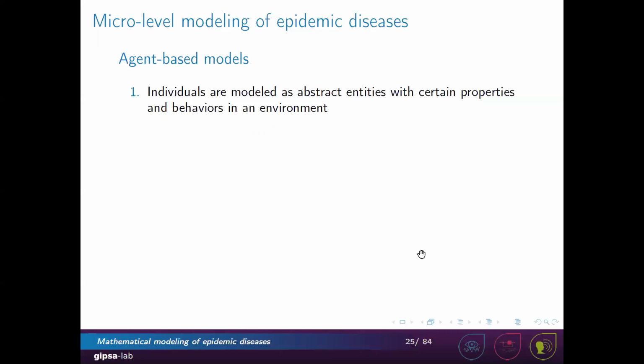For instance, what is important about an individual in a society to be able to model it as part of the epidemic disease propagation system is that individuals can move in the society, they can interact with one another.